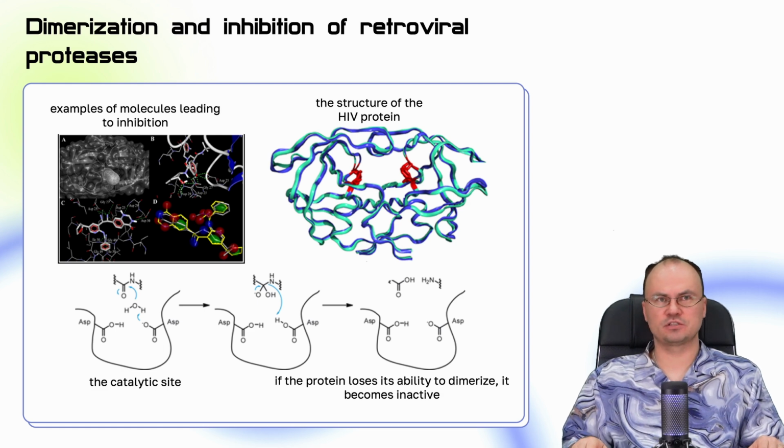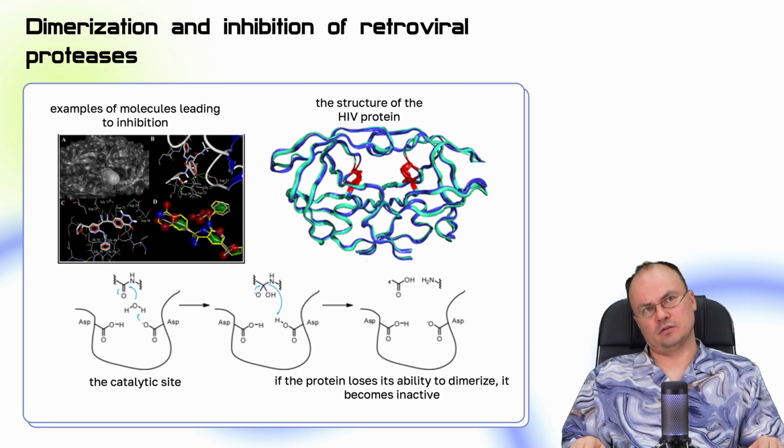And these dimers, once they are combined, represent in the middle the binding site, which is very important for the function of this particular protein. Therefore, if we inhibit this particular binding site, we might interfere with the HIV virus life cycle, and this will help us to treat this very severe disease.